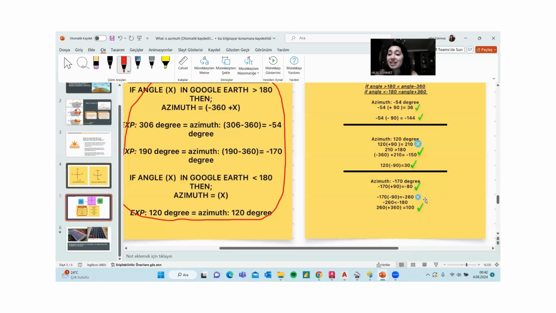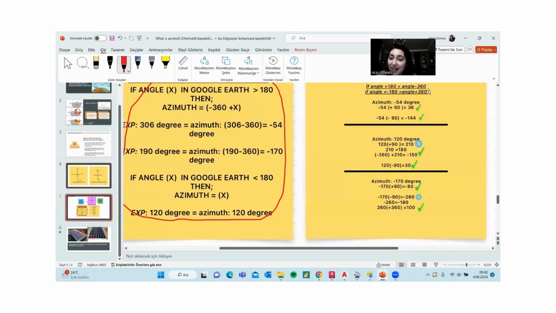Since in PVsyst angles less than minus 180 degrees are not acceptable, as you can understand from that rule, we will add 360 degrees to the angle that we attain.